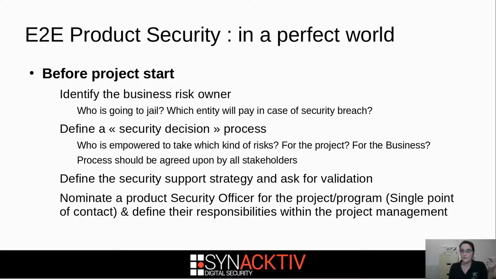It's the one person who is going to jail, if applicable, if there is an issue later. Or the person responsible for the entity within your company who is going to pay in case of a security breach. This should be high-level people most of the time.